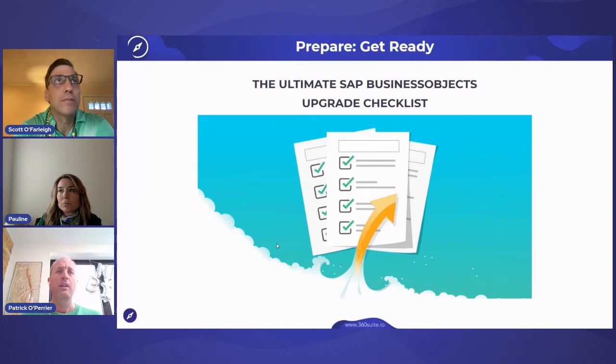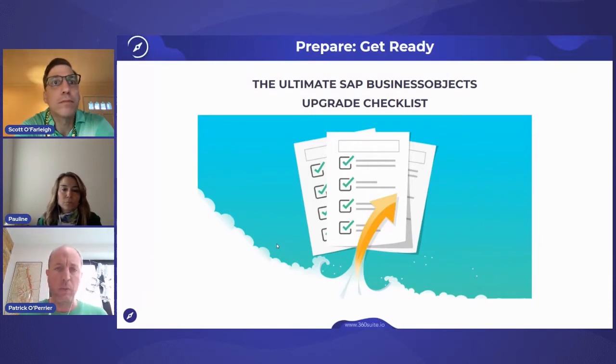Now, it's a lot easier to know which steps you'll take to migrate and which tests you'll have to do at the end if you know what you have, right? A lot of you have had BusinessObjects for many years. You have 10,000 webbies, you have tons of universes. Who knows what's used, what's not used, what you need to maybe recreate or rebuild. So doing an assessment is quite important.